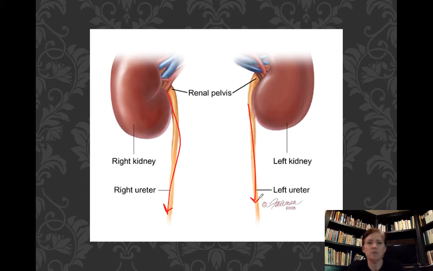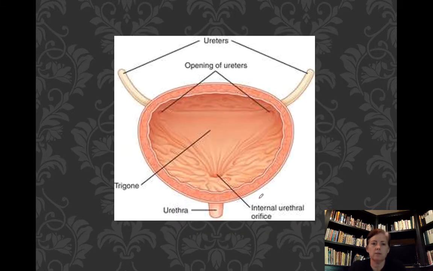And that should sound familiar, like we talked about that with the digestive system, with the esophagus and the rest of the GI tract. But the same thing happens here in the urinary system. And so we're basically going to travel down, and each of those ureters is going to drain into the urinary bladder.